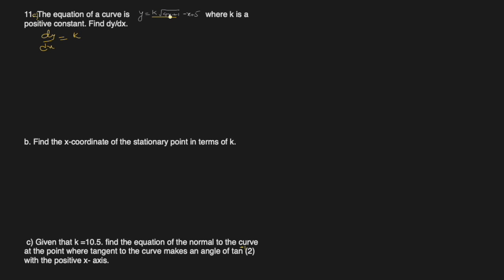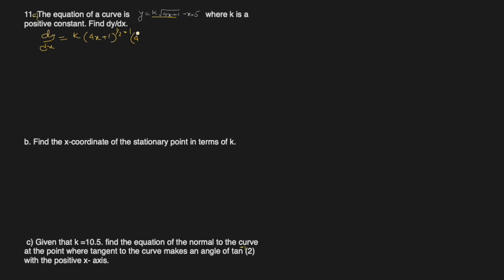This 4x plus 1 can be written as (4x plus 1) to the power half, right? Because we are differentiating, it will go down by 1. And further we have to multiply it by the differentiation of what is inside. Differentiation of 4x is just 4.